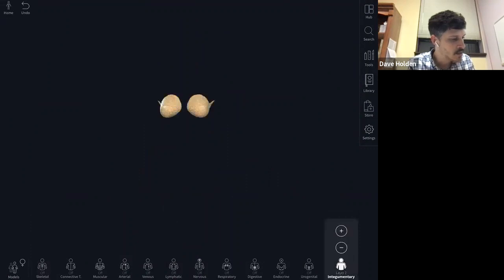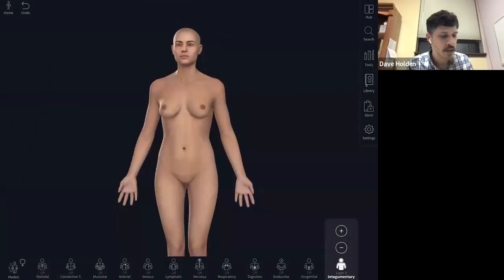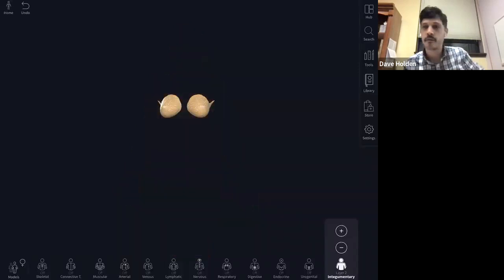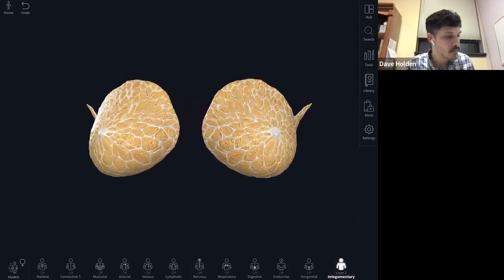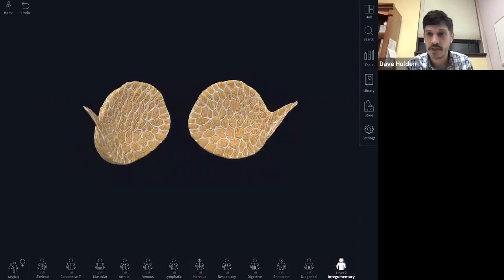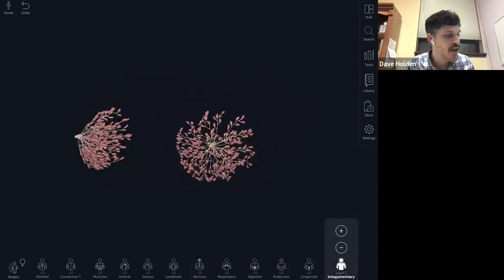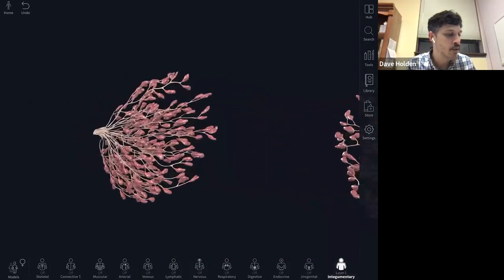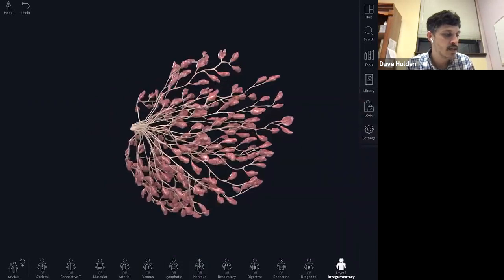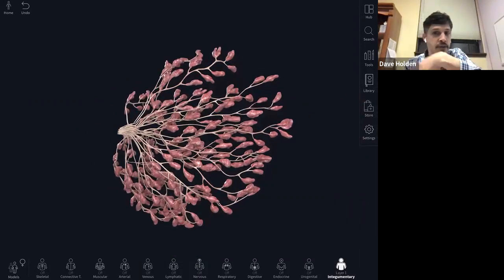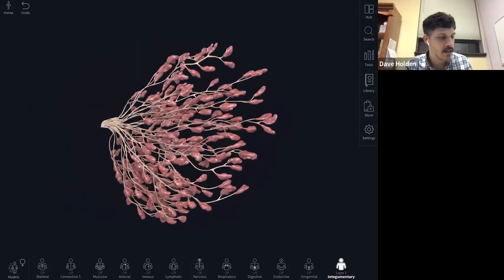Beautiful. So not to be too gross, but there's our female figure. We take away skin and we're left with the breast fat tissue. It's just fat. But I'm going to go one layer deeper. There are the mammary glands. So notice how they are spread throughout the breast tissue, but all of their tubes are leading to the same spot.